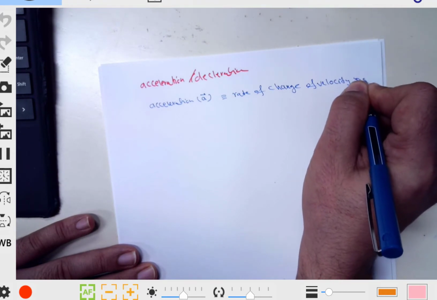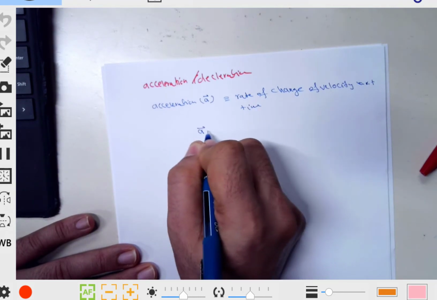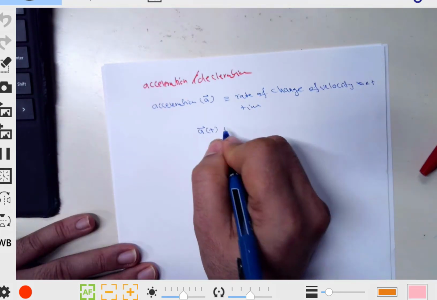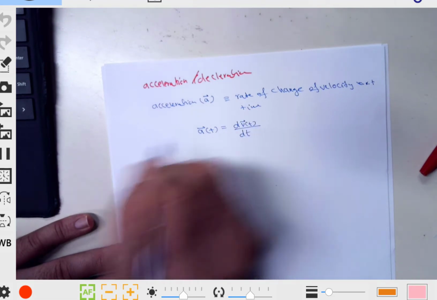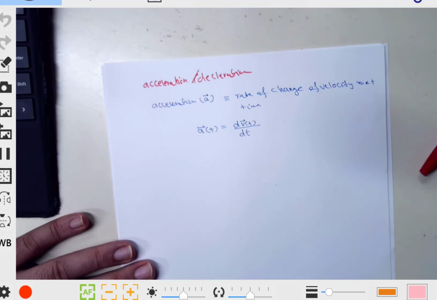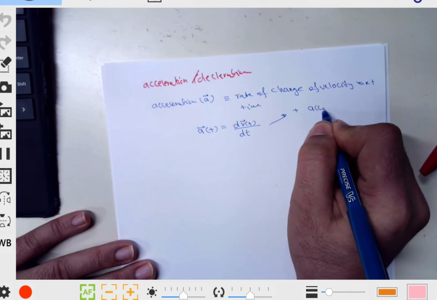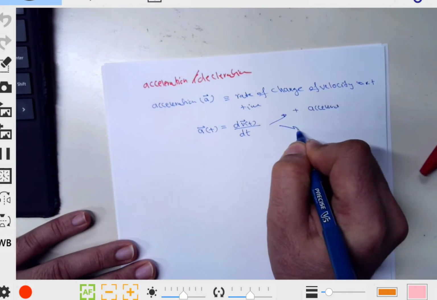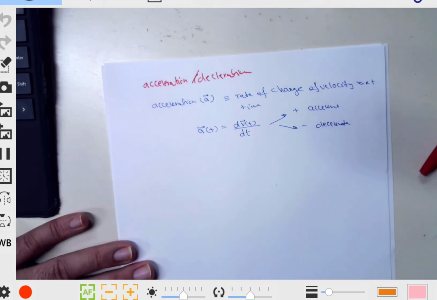In notation, as a vector, it is equal to dv over dt, right? And it could be positive, then we call it acceleration. It could be negative, we call it deceleration. So it could be a positive accelerate or a negative decelerate. All right.